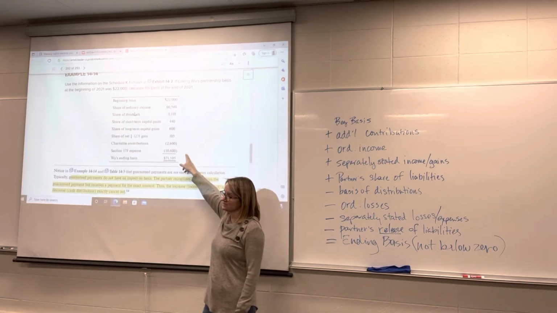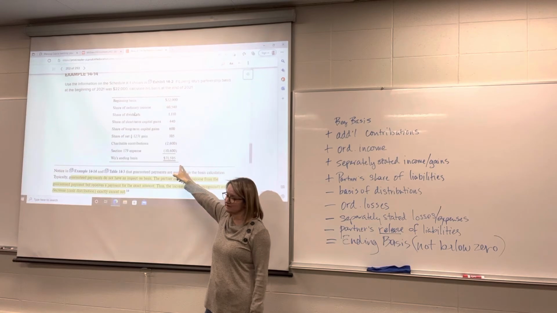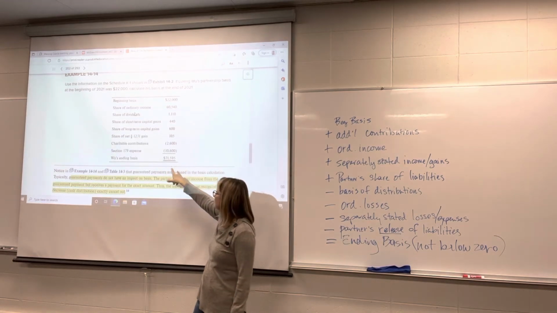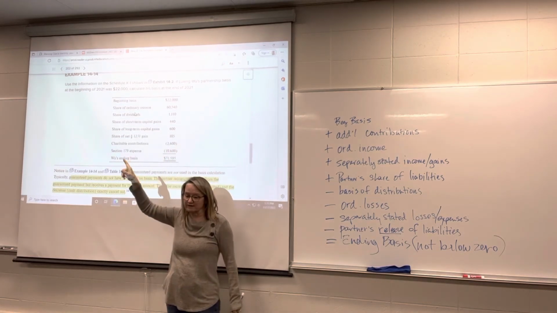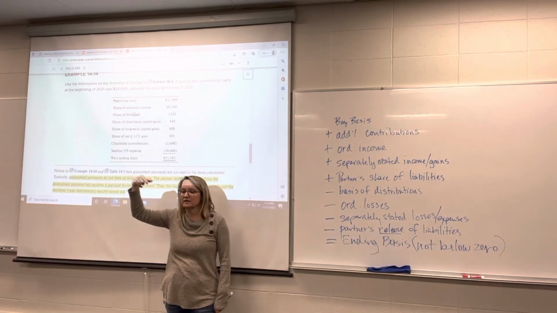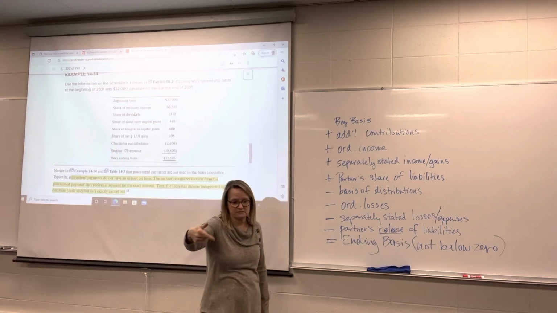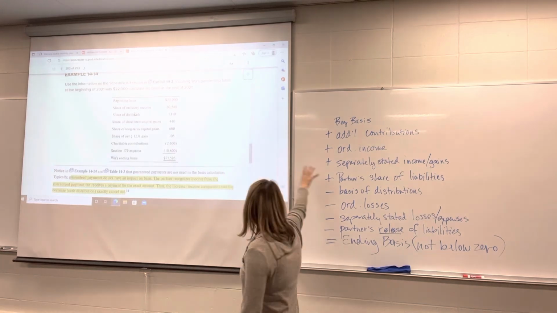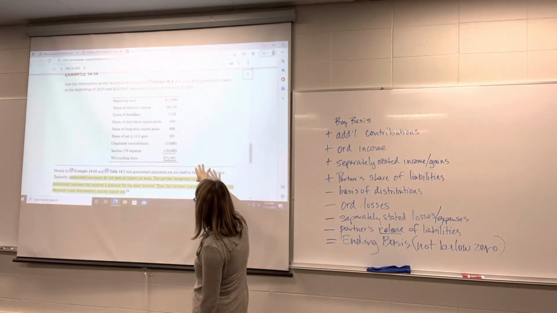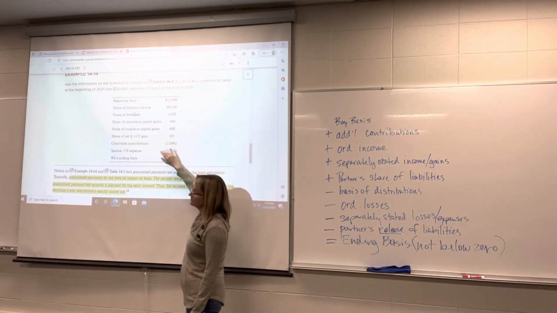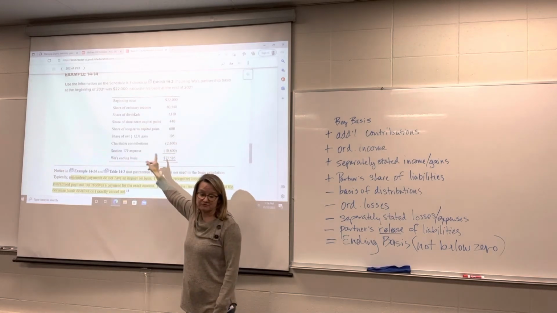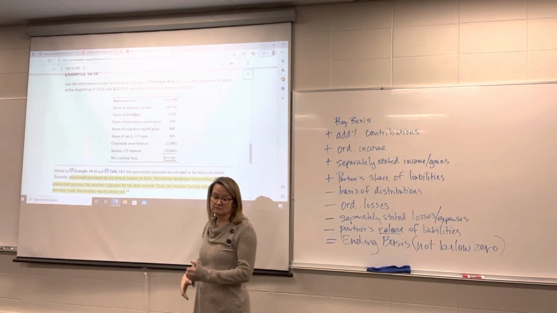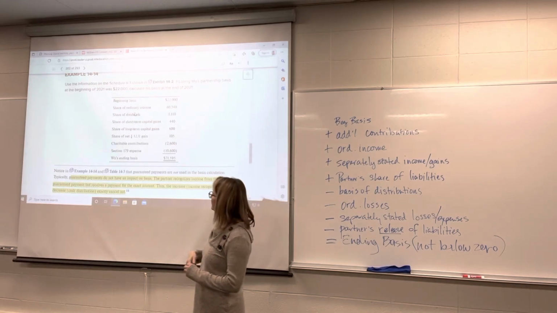However, even if they don't get a tax benefit from it, they still have to reduce their basis. So even items that don't really have any effect on their individual tax return, they still have to reduce their basis or increase their basis by it.